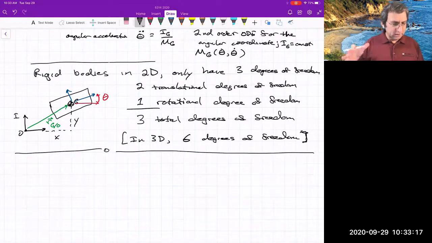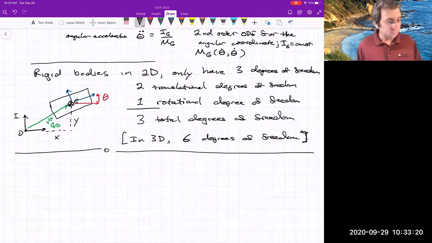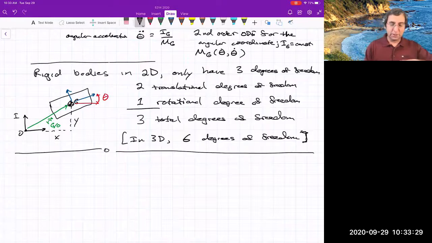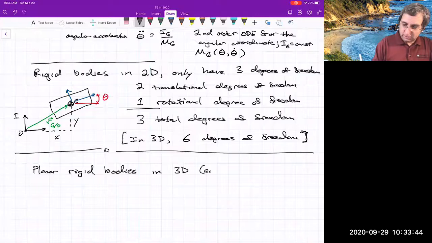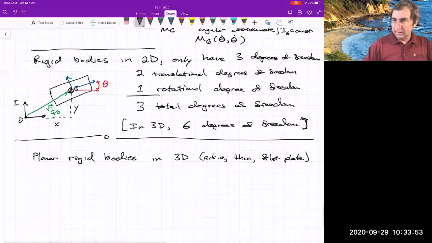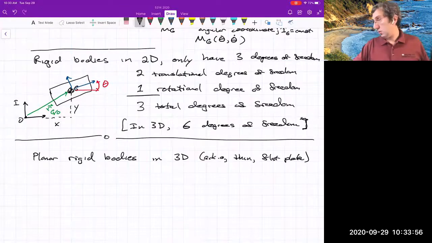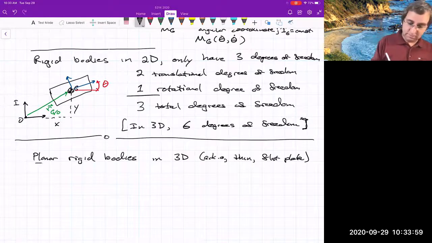I wanted to say something else that's related to planar rigid bodies. What I mean here is thin rigid bodies, sometimes called plates. So planar rigid bodies in 3D. This means a thin or flat plate. Many objects that you deal with can be approximated as having a thin dimension.